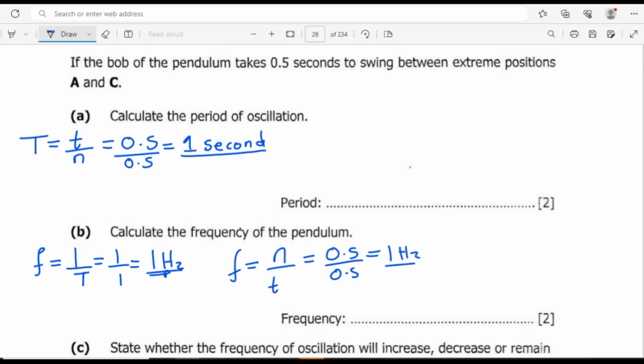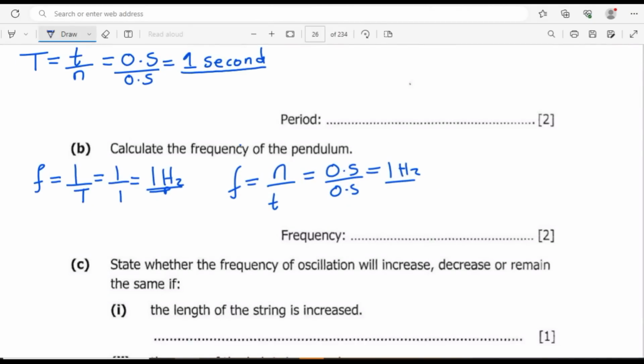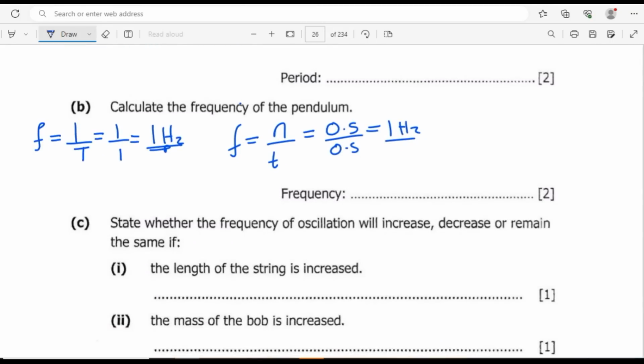Then here we have: state whether the frequency of oscillation will increase, decrease, or remain the same if, the first one, the length of the string is increased. So if we increase the length of the string, will the frequency decrease, increase, or remain the same?